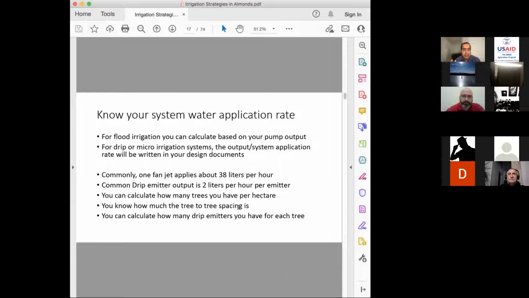For drip and micro irrigation systems, the system application rate will be written in your design documents. The company will know the output of your system, both at the pump level and at the emitter level, that will already have the system efficiency calculated within itself.